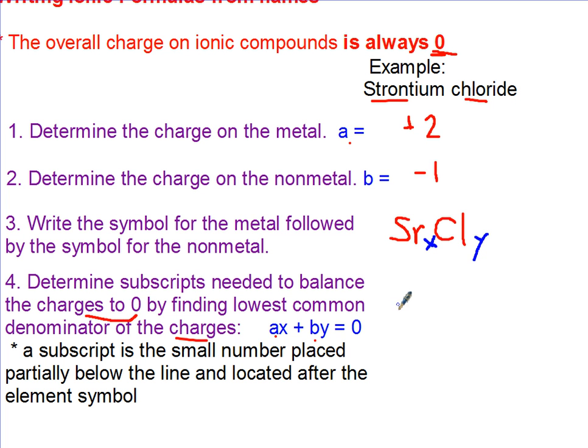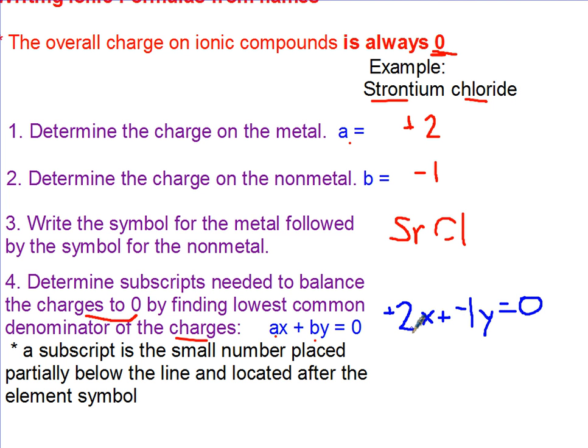If I take +2 times X, plus -1 times Y, and set that equal to 0, the lowest common denominator in this case would be 2.